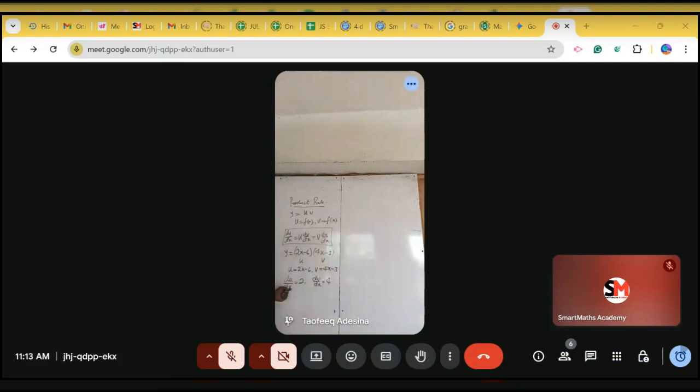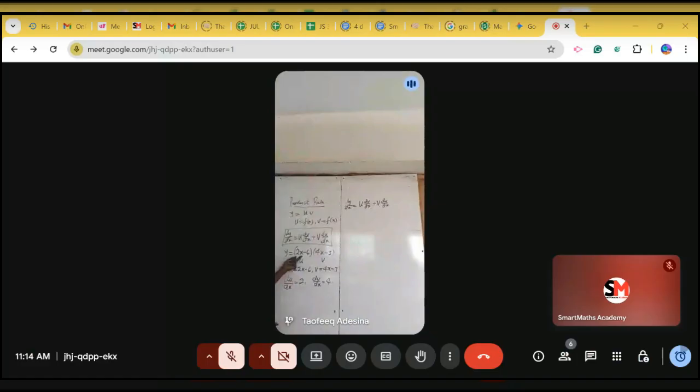So, from here, we just substitute into this formula. The formula says dy/dx equals u dv/dx plus v du/dx. Let's now substitute.